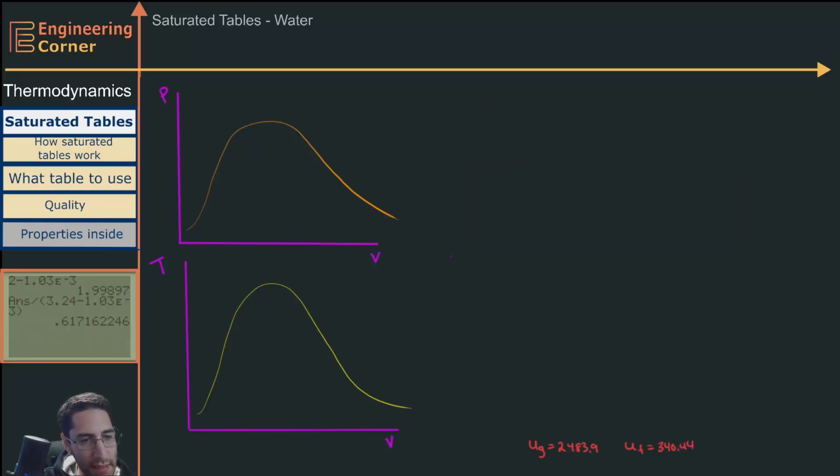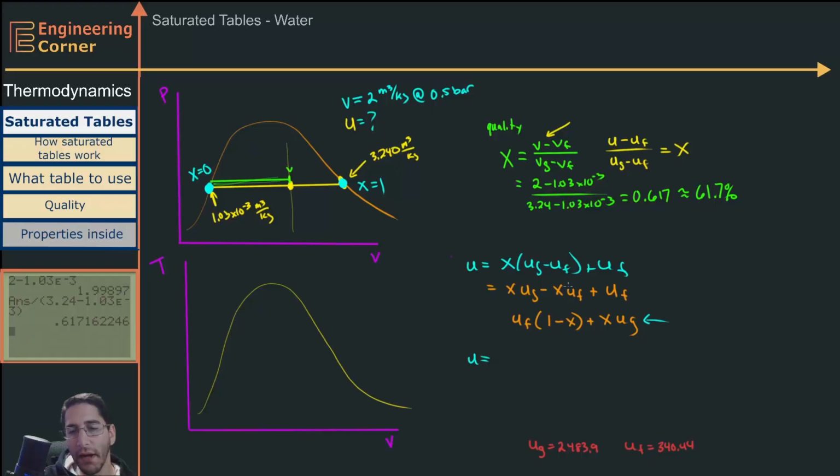Now let's hide this and bring my other layer back. So this is 340.44 times 1 minus X, which is 0.617, plus 0.617 times UG, which is 2483.9.